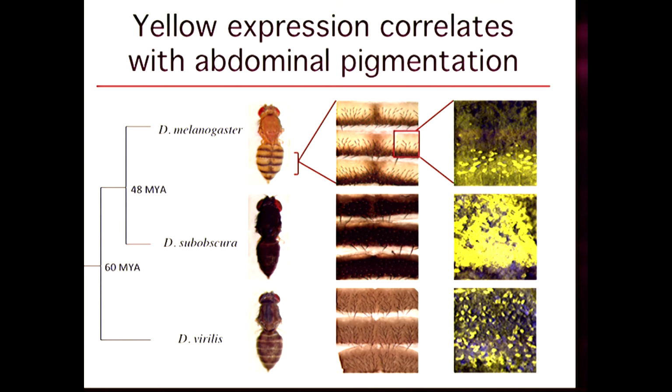And what I found was expression was different in the species, and it was different in a way that correlated with the patterns of pigmentation that we saw in the adult flies. Okay. So this suggests that we can actually back up the problem, right? So if my question is, how did these different pigment patterns evolve, I now can ask, how did these different patterns of yellow expression evolve? Right.